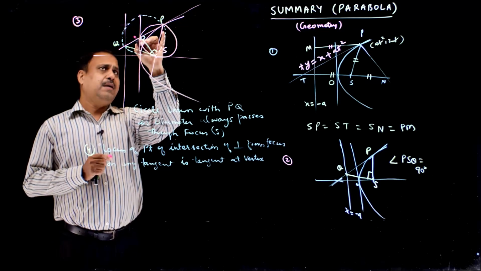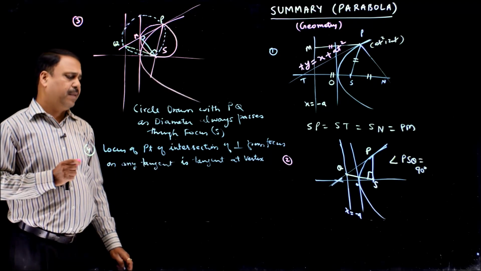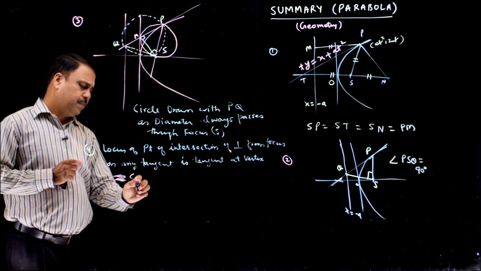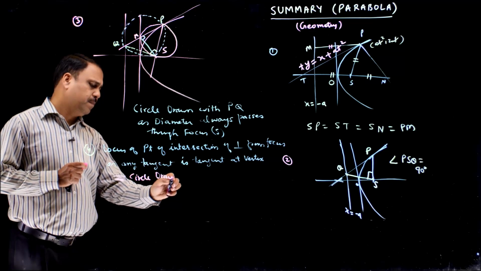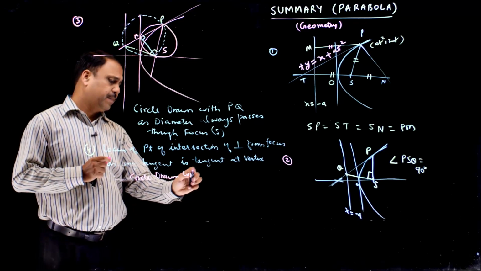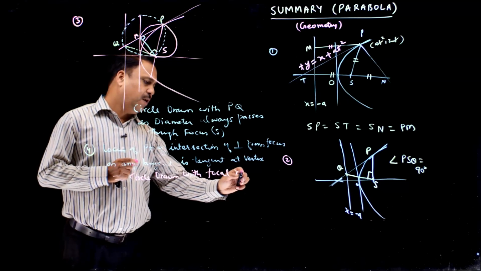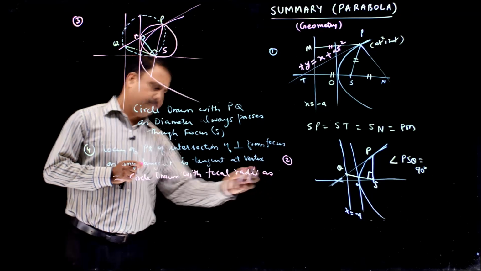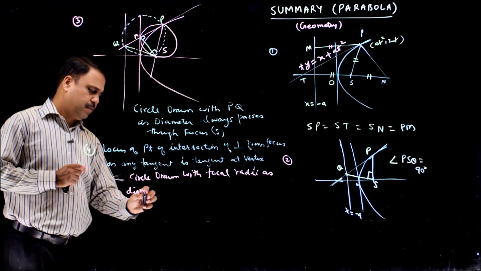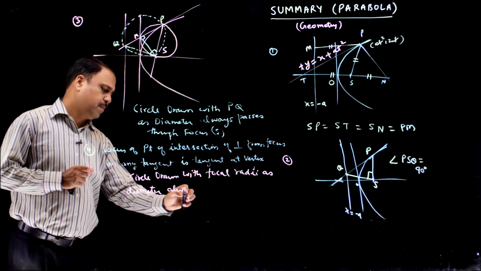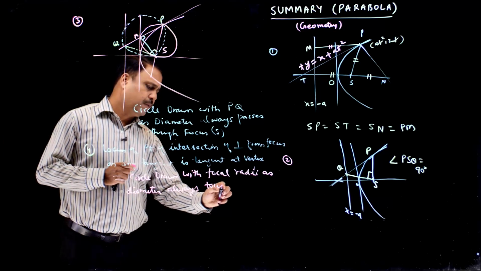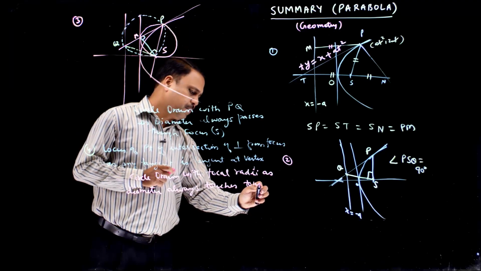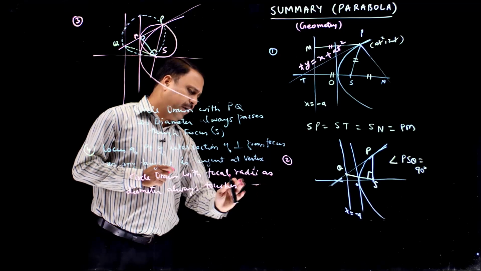So this will touch the tangent at the vertex at M. So a circle drawn with the focal radius as diameter always touches the tangent at the vertex.